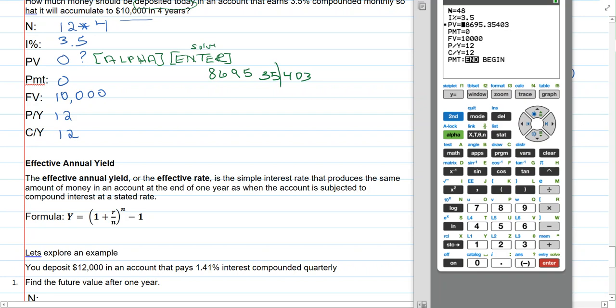And of course, we're going to round to cents. And what we did enter in the computer would be $8,995.35. All right, very good.